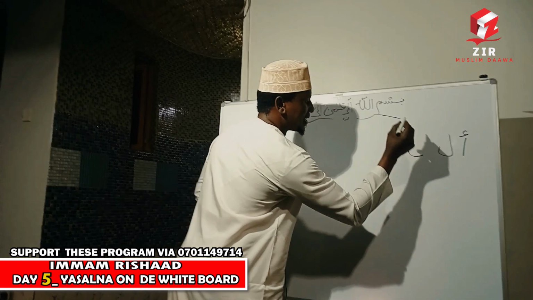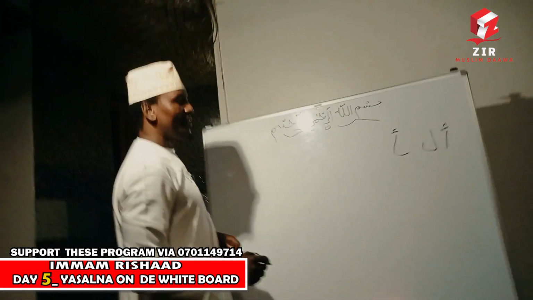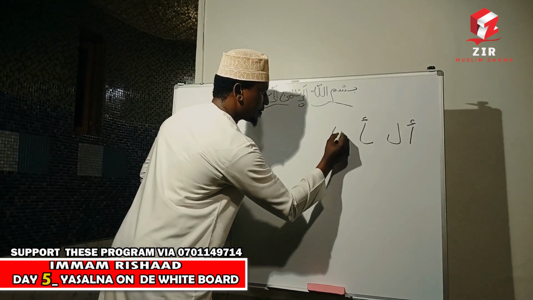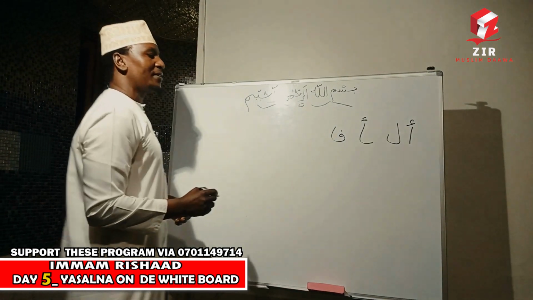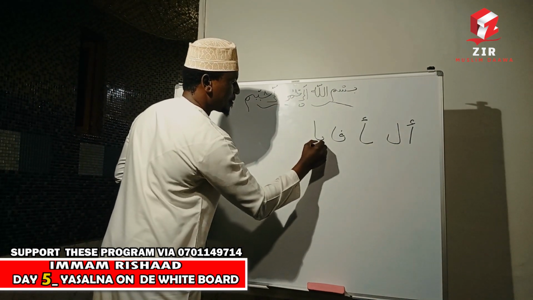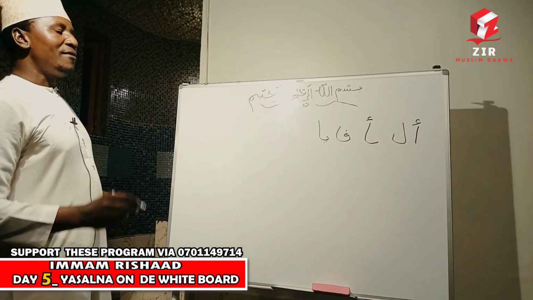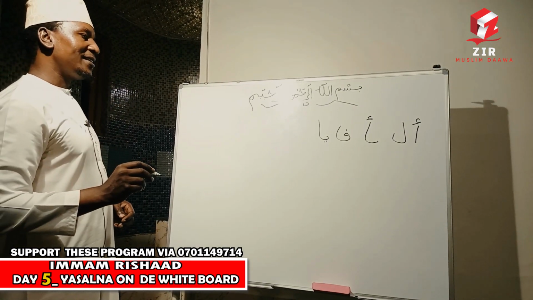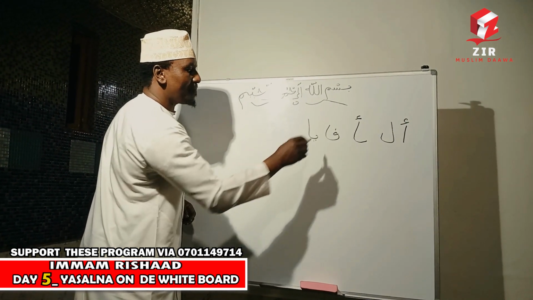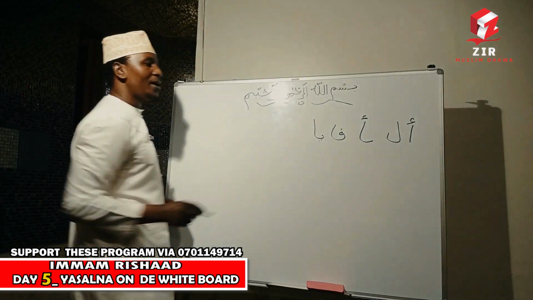Let's assume that's the letter. That will be Alif. That is Alif. For Lam, Lam and Alif are both represented by this stick as you see it, like number 1.